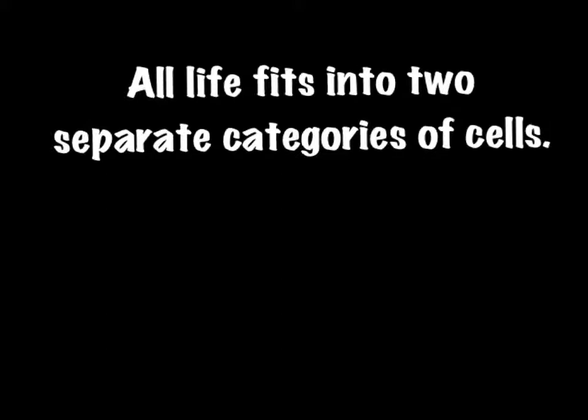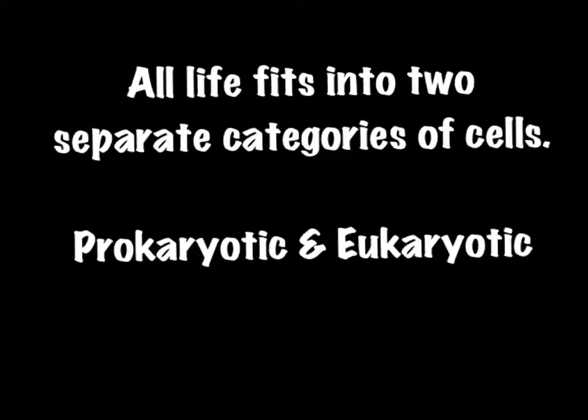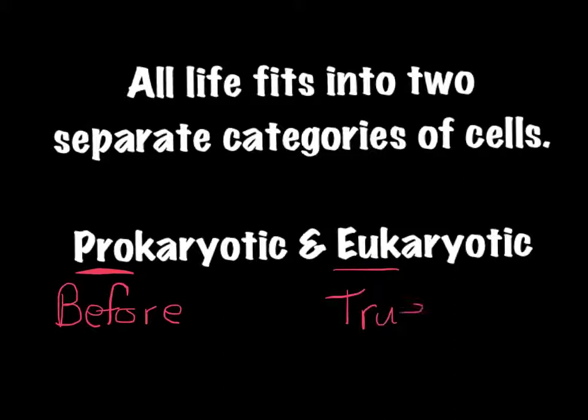Alright, so now that we're studying cells, it's important to realize that all cells, or all life, fits into two separate categories of cells. We refer to these types of cells as prokaryotic cells or eukaryotic cells, where pro refers to before the nucleus, and eukaryotic means true nucleus.